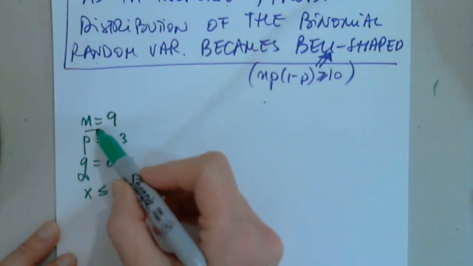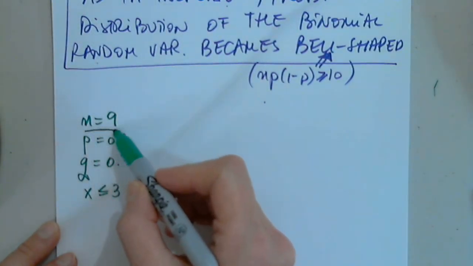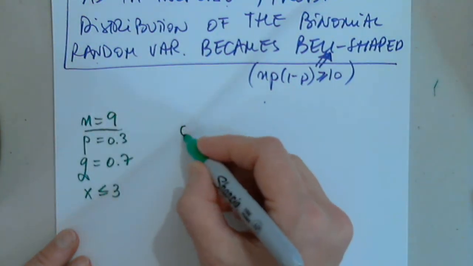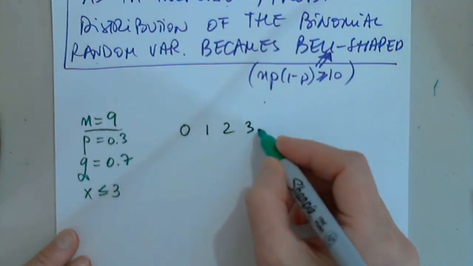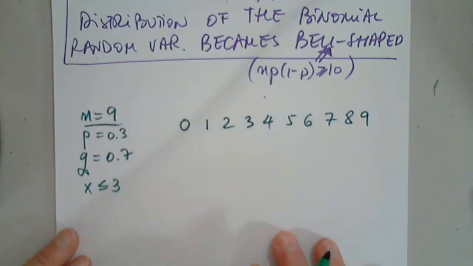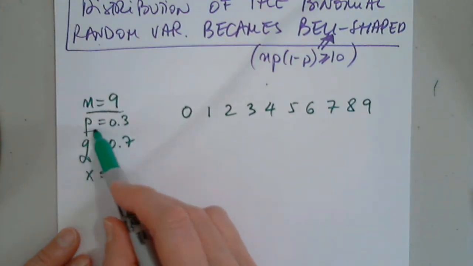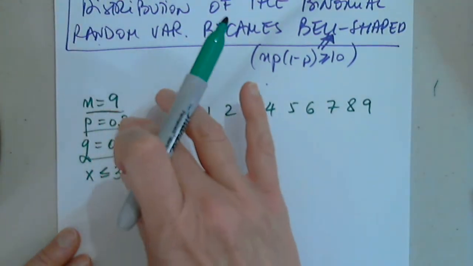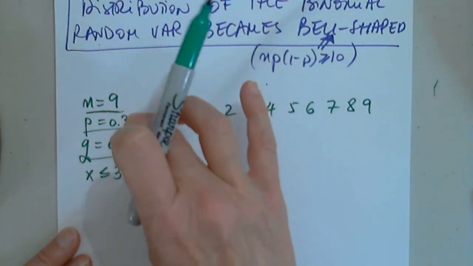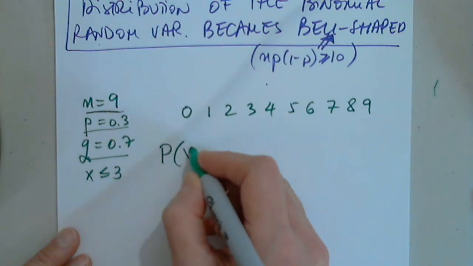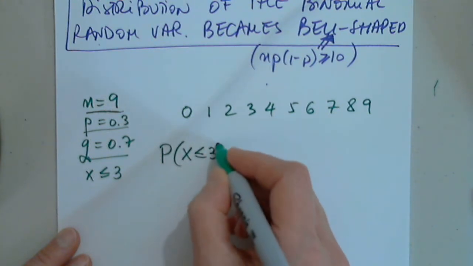So we have n equals 9, and in 9 we have 0, 1, 2, 3, 4, 5, 6, 7, 8, and 9. The probability for each trial is this, for each success is this, for failure is this. The question is asking us to find the probability that x is less than or equal to 3.